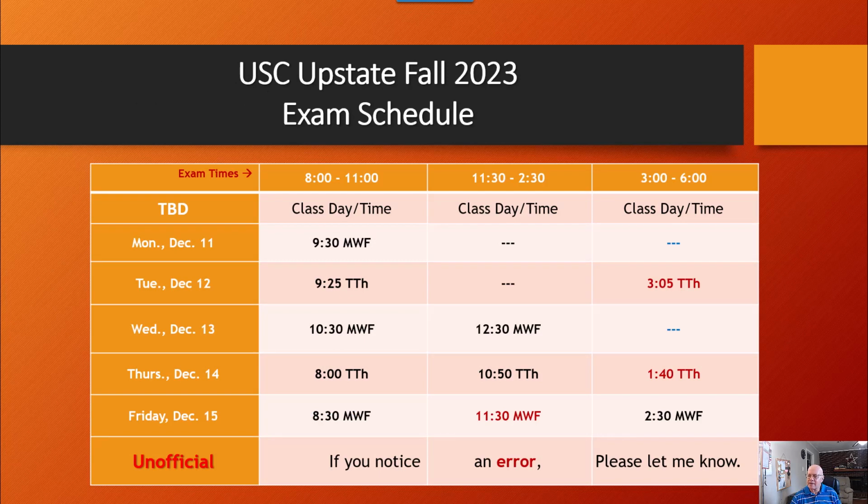All right, this is my rendition of the exam schedule. This is not official. To get the official one, you should go to the Upstate website and get the official exam schedule. This is the one that I created for myself so I can see things a little bit easier than I can on the website.